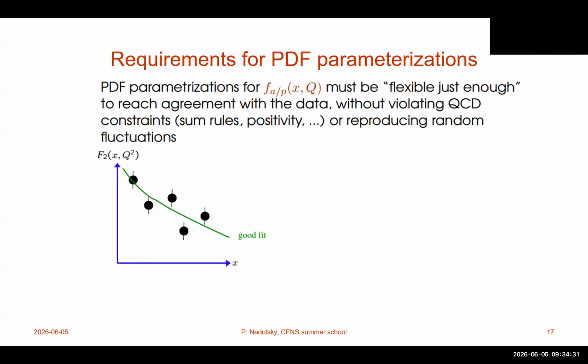So you need to make a decision that the PDFs must be flexible enough to describe the data, and they must satisfy these various conditions like positivity and sum rules, but without reproducing random fluctuations. That's a typical problem that you will encounter, in particular in machine learning: you must come up with some parameterization of the function that is not overfitted.